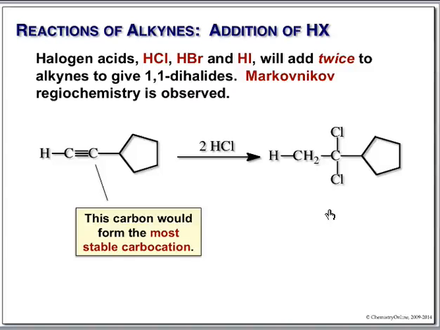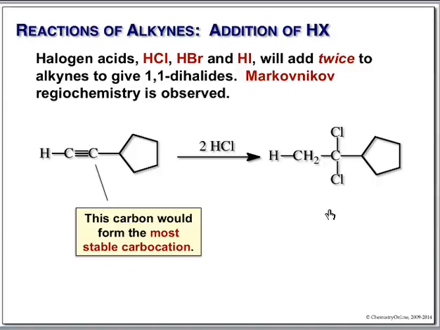That is the carbon that would give us the most stable carbocation. So if we look at this, this is attached to our triple bond and to a hydrogen. This is attached to our triple bond and to a carbon. So this guy would be the most stable carbocation.